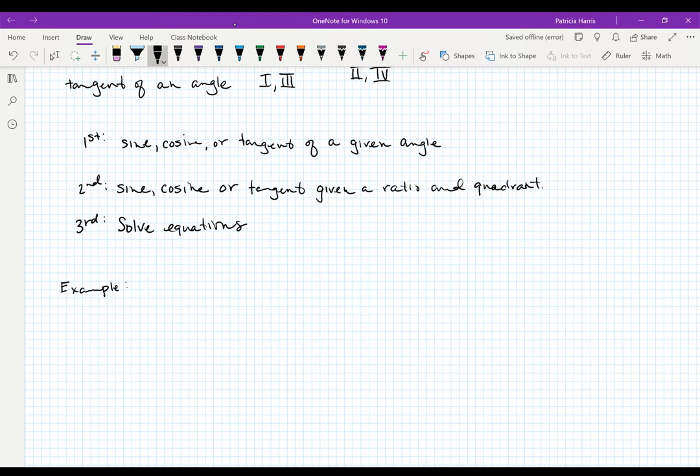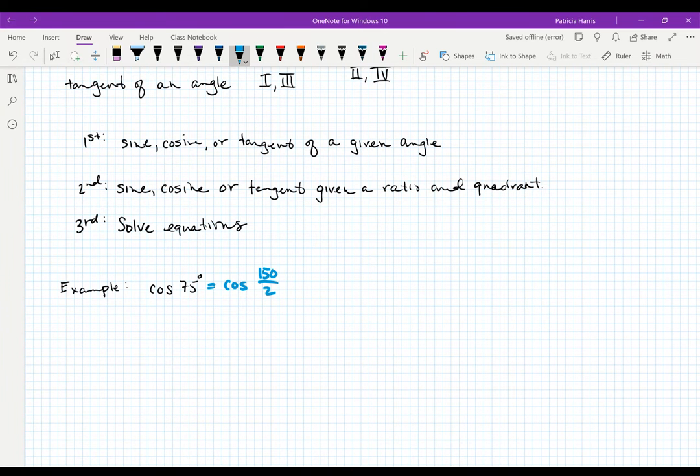Okay, so let's say we wanted to find cosine of 75 degrees. Okay, so we're going to rewrite that in terms of a half. So cosine is half of what? Cosine is half of 150.